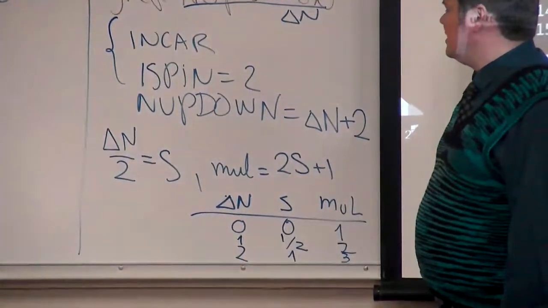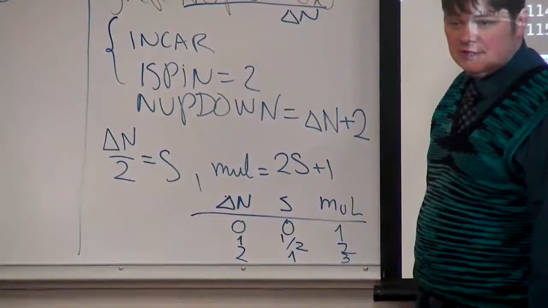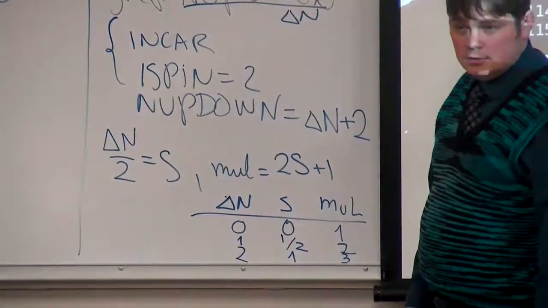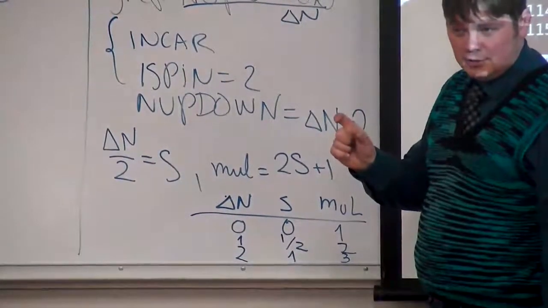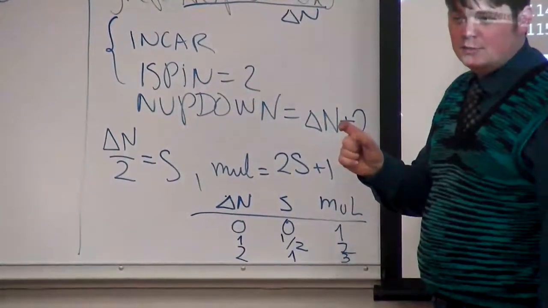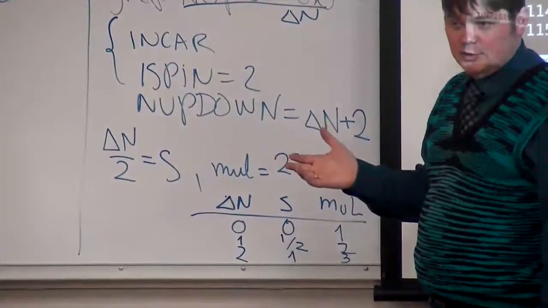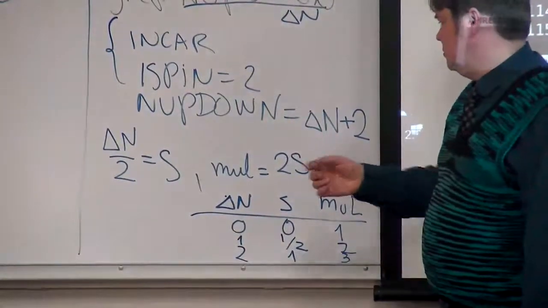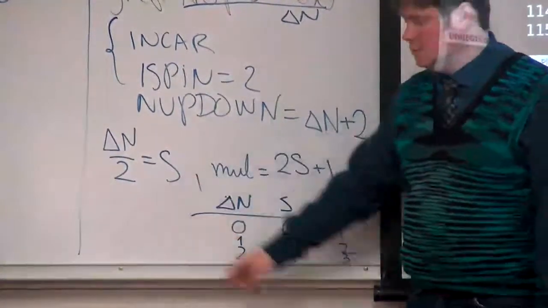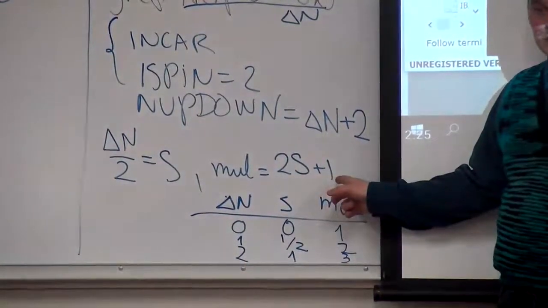If you subtract the number of electrons in alpha and beta components, it will be the difference, spin polarization. Right? Number of electrons. If you divide it by 2, it will be the maximal spin of the system. So delta n divided by 2 is S. And you know that multiplicity is 2S plus 1.